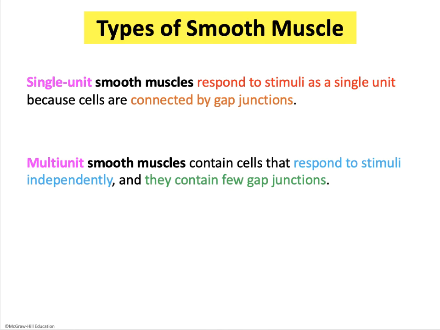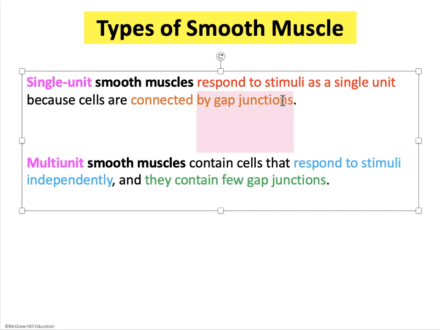There are two main classes of smooth muscle cell cooperation. The first type is called the single unit smooth muscles. Here, a stimulus at a single smooth muscle cell is able to trigger neighboring muscle cells to contract because of the presence of gap junctions. The second class are the multi-unit smooth muscle cells, which contain cells that respond to stimuli independently, and they contain no or few gap junctions.